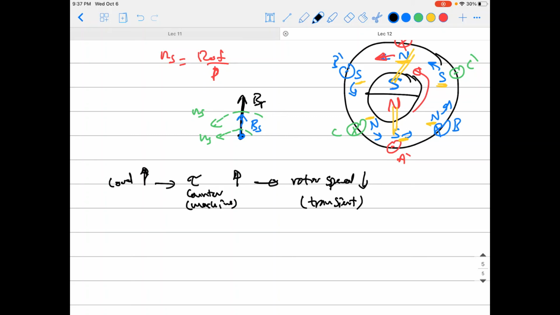Okay, guys? But what happens in this fraction of a second when the rotor drops a bit before we raise it back to its steady state value? If this happens, that means this rotor field will be just behind a bit, like this. And this is still the stator flux.